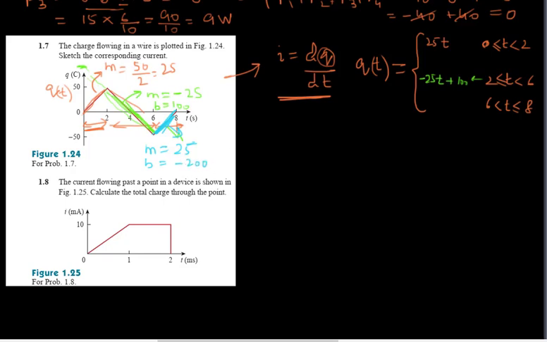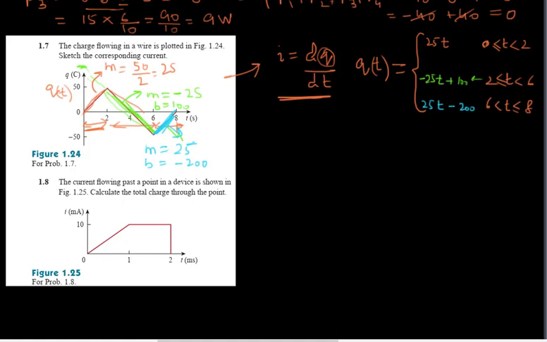You can put those in the form of an equation, and q of t between 6 and 8 seconds is going to be 25t minus 200. So this is q of t.